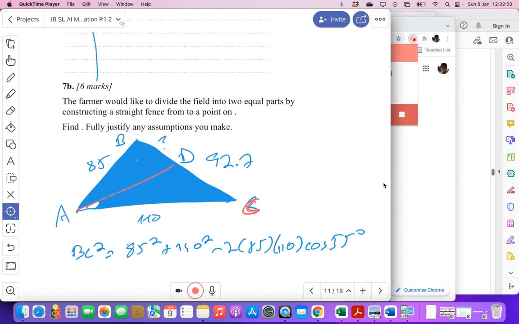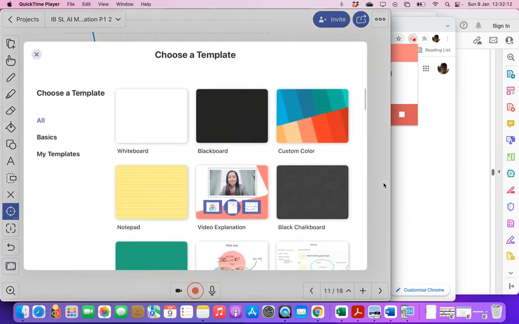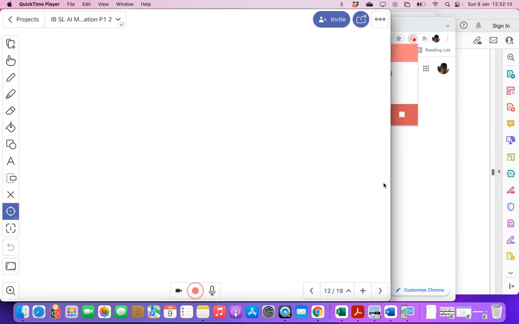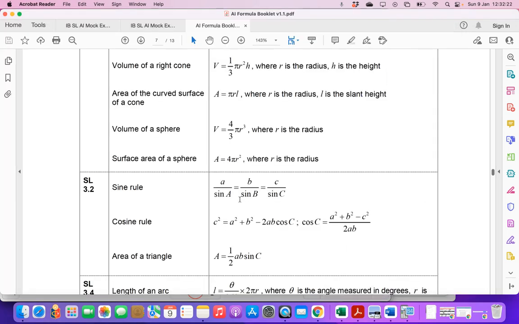So maybe I'll add another sheet here, 76.3 degrees. All right, so the sine rule from the formula booklet we know is this way. I like to flip it upside down because we're going to, no, we're not. We're going to use the area rule, sorry.